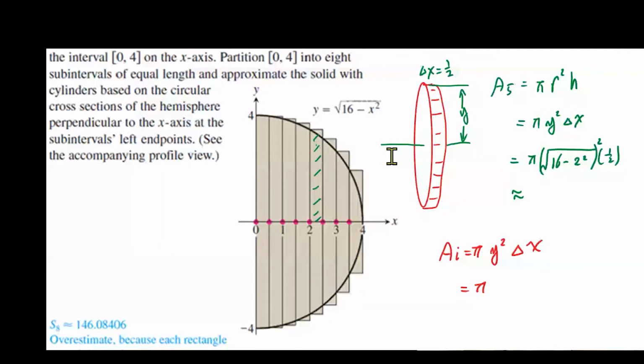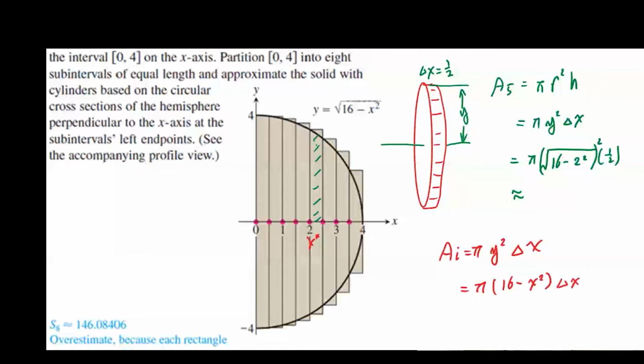Okay, while he's doing that, I'm going to say this y squared, of course, is 16 minus x squared. Let's call that x asterisk. X asterisk happens to be 2 right here. So the formula is pi times 16 minus x asterisk squared times delta x, with delta x being 1/2.